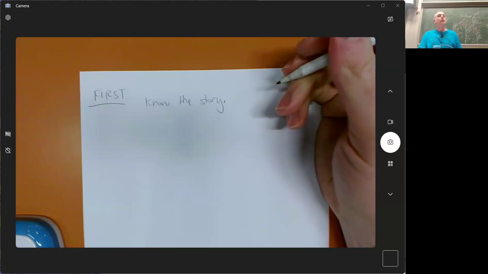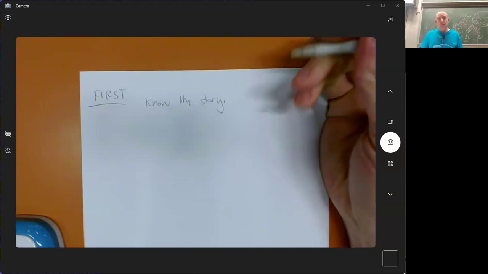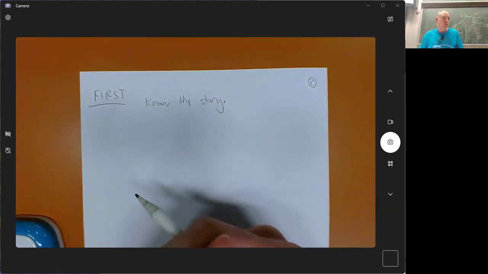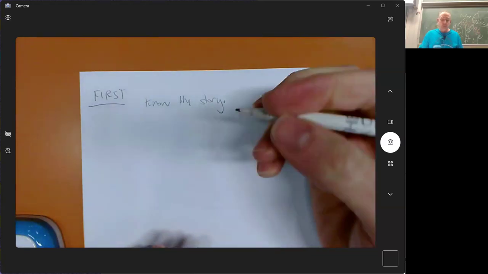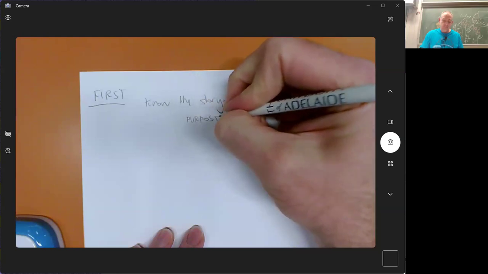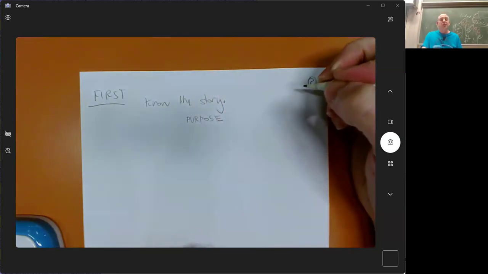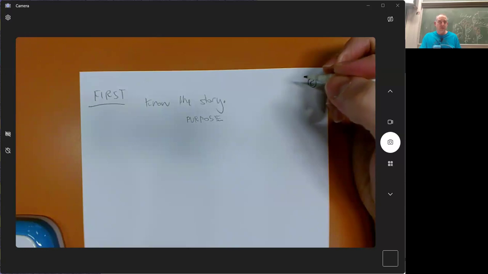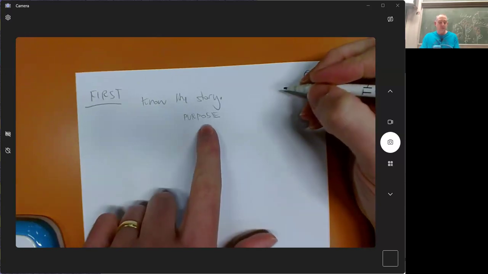Okay, and the story will tell you what the purpose was, usually, not always. So there are some things in there. There'll be a purpose. There'll be a question that is trying to be answered. That's what the purpose is.